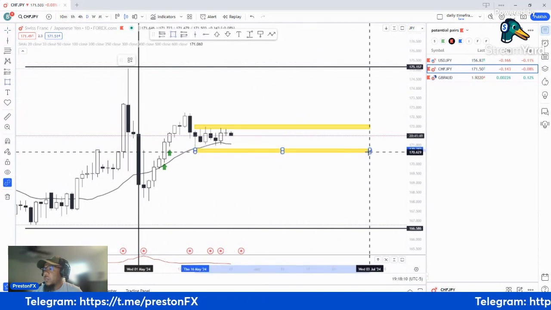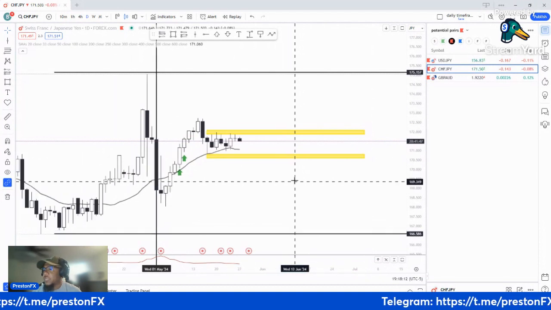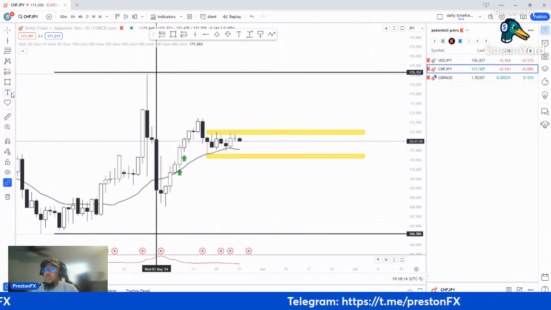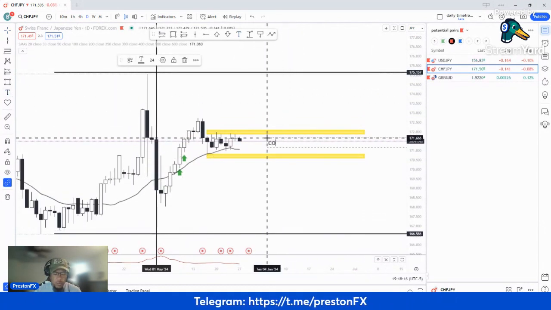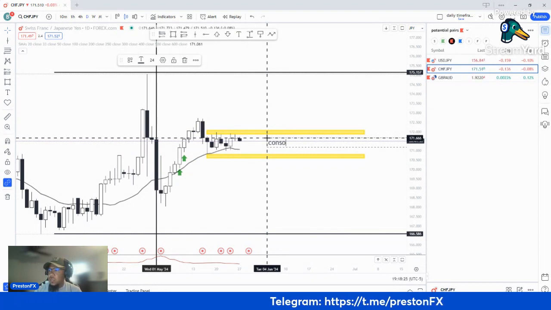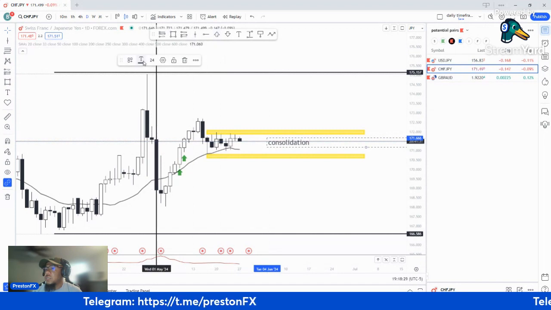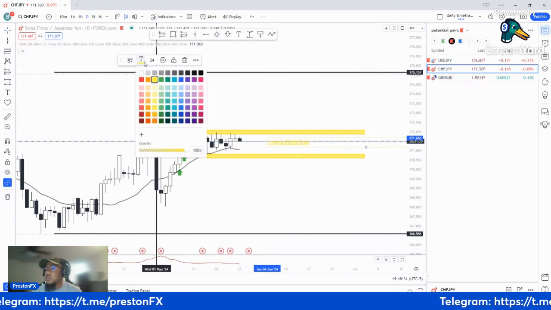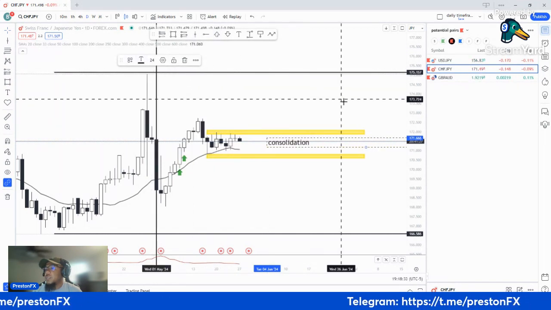So I don't see any setup right here. I would see straight consolidation for this pair. But right now, oops, my bad. Consolidation. Oops, let's do it black.